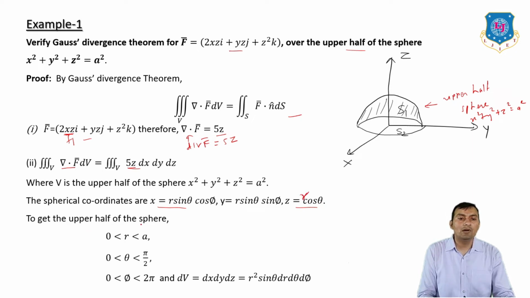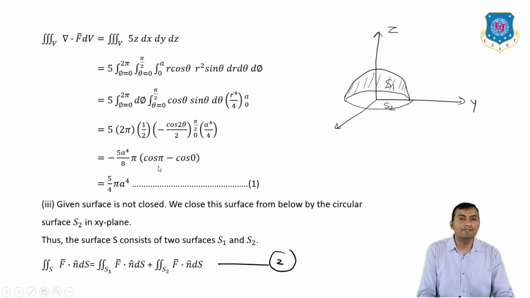To get the upper half of the sphere, we consider r from 0 to a, theta from 0 to pi by 2, and phi from 0 to 2 pi, and dV equals dx dy dz equals r squared sin theta dr d theta d phi. Now substituting all these values and using the limits, we obtain this.